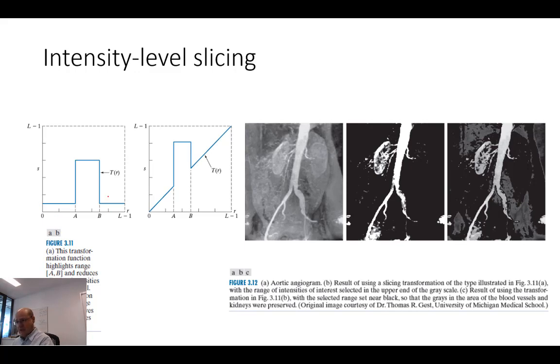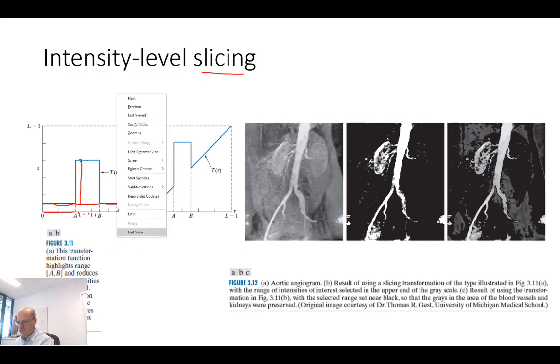The last one that we're going to see in today's lecture is intensity slicing, where I can, for instance, highlight a small range of intensities. I'm going to make them very bright, whereas all the rest I'm going to put closer to 0. Or if I want to make a better contrast, I can even put them to 0.